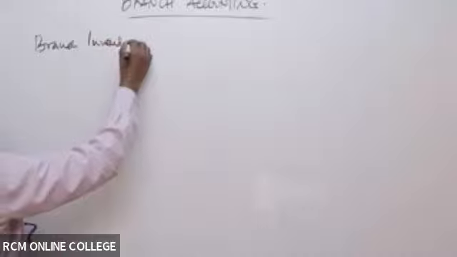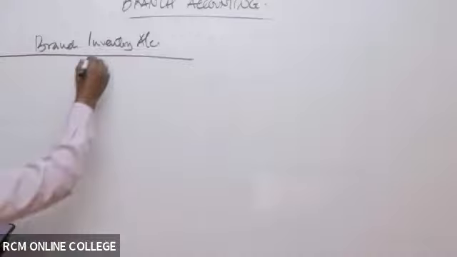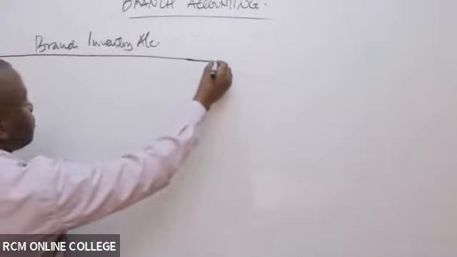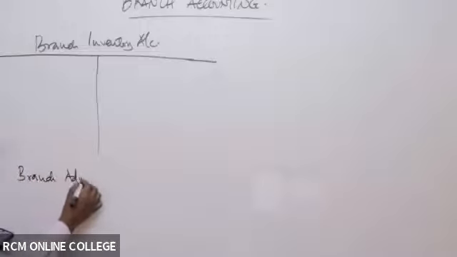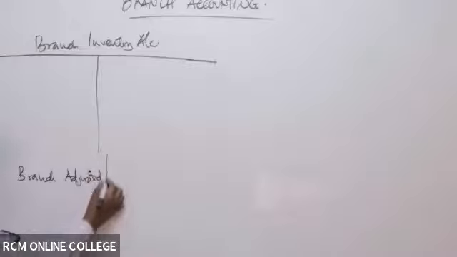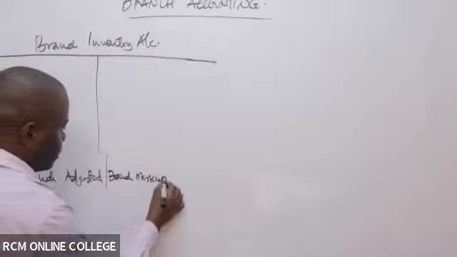So you have the branch inventory account. Then you have the branch adjusted or markup account. The adjustments regarding inventory or goods sent to the branch, we do here, or refer to it as the branch markup account.